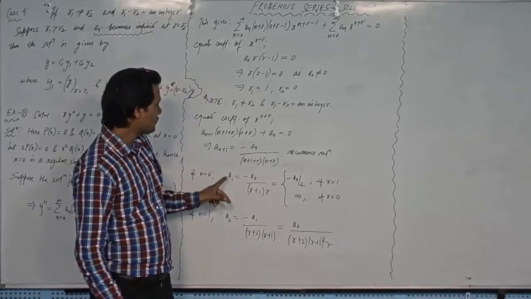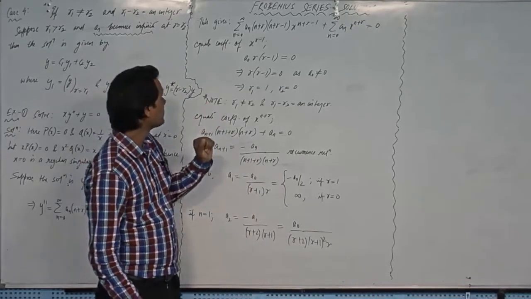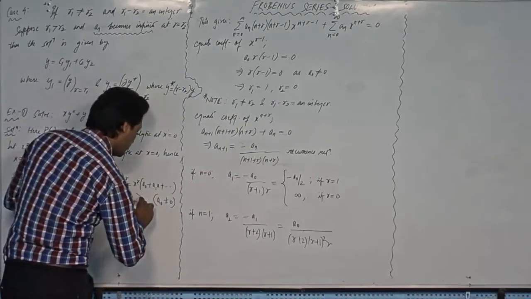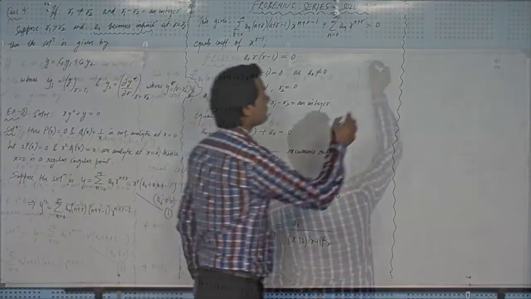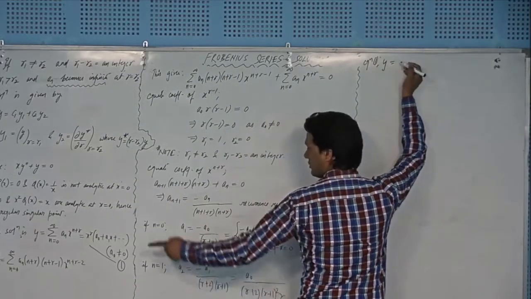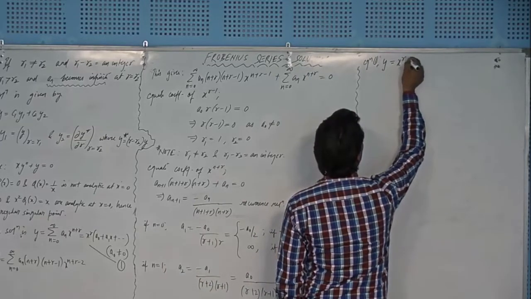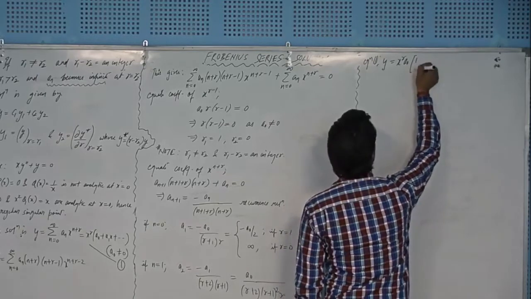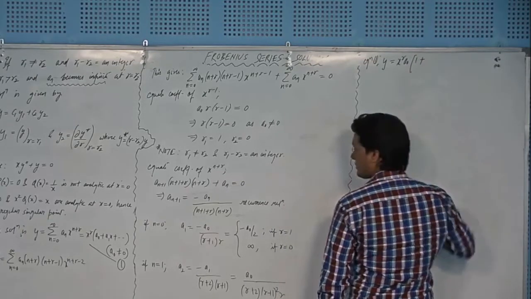Okay, now I will plug those values here in my solution. Where is that? This y, right? I will call it equation number 1. Equation 1 becomes y equal to x to the power r, and a naught will be taken common, and 1, then a1 x. But what is a1?